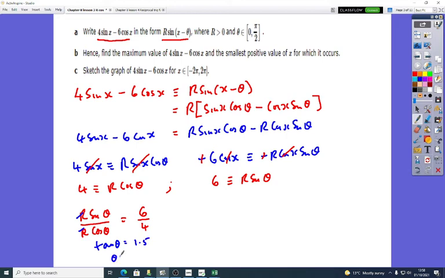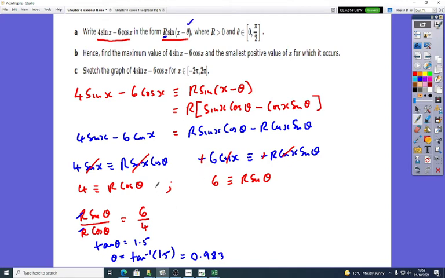So theta will equal tan inverse of 1.5. If you check your calculator, tan inverse of 1.5, you should get 0.983 radians. So you've got the angle, I've got that bit, I just need to find what r is.